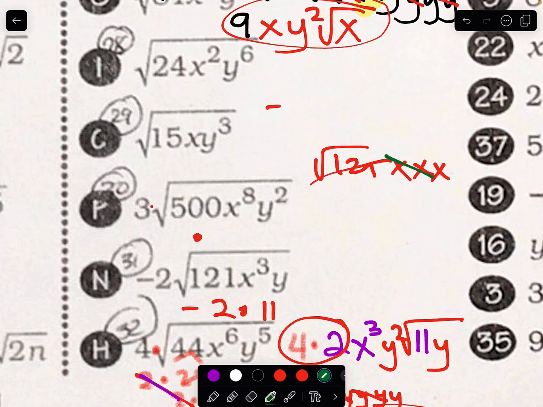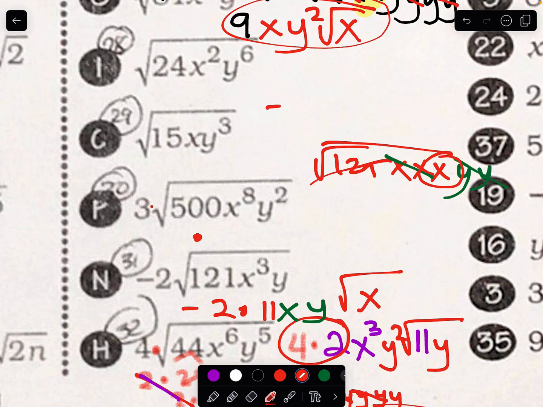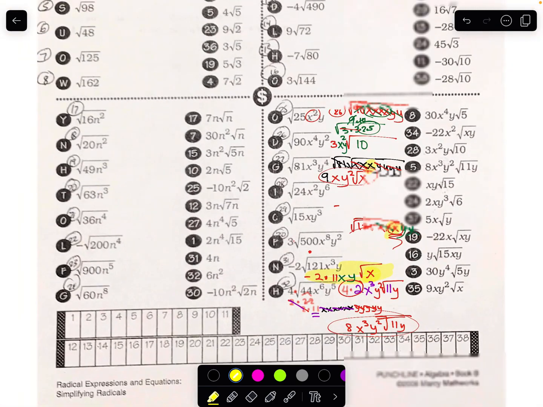So 2 of them is 1. And this is left inside. There's 2. And there's a y there. So x there's left. I mean x there, that's left. That's in there. And so x is still inside. That's your answer there. Okay?